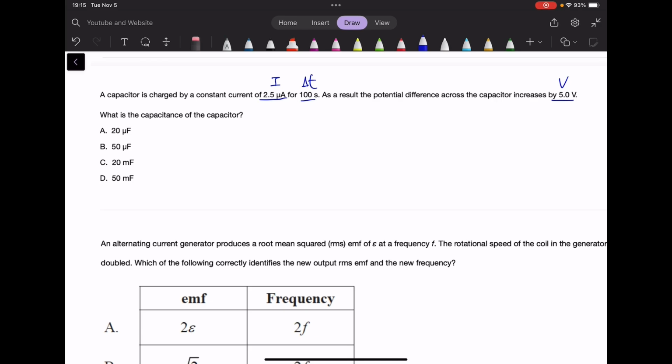When the problem asks us to find capacitance, you should immediately know that capacitance is equal to charge over potential difference. This is how capacitance is defined. And charge is equal to current multiplied by time.